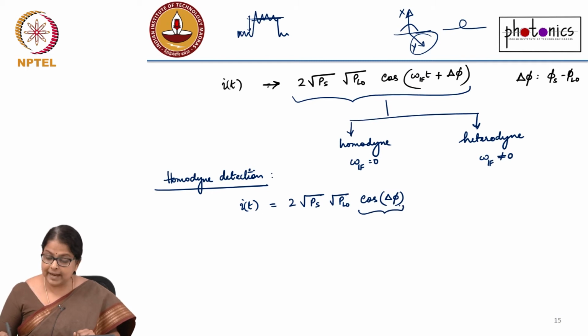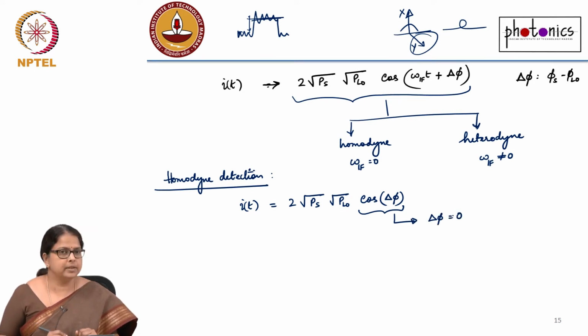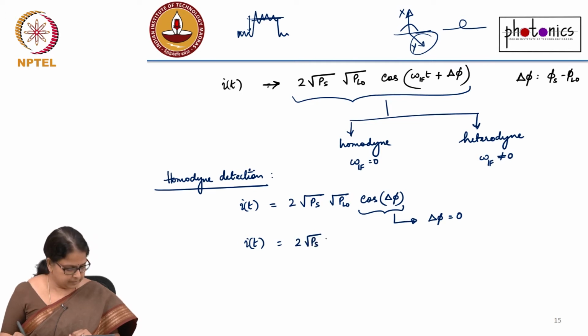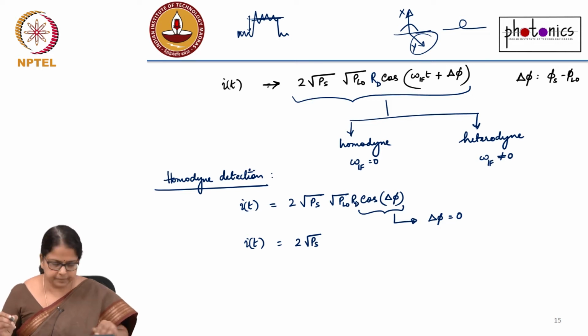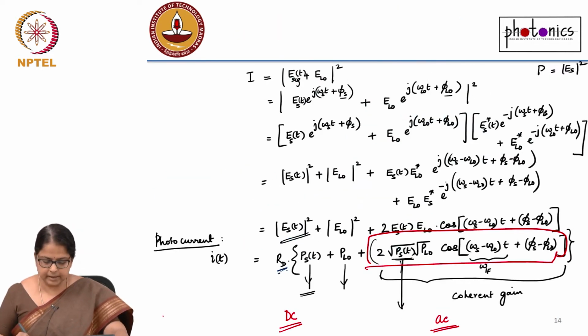And I can always adjust my delta phi to be such that delta phi is equal to 0. Assuming I can do that, then my I of t is equal to 2 root, sorry, I missed an RD, right? There is an RD here.